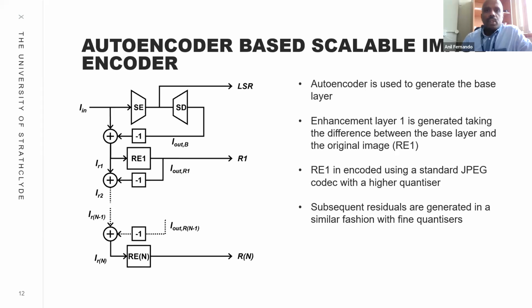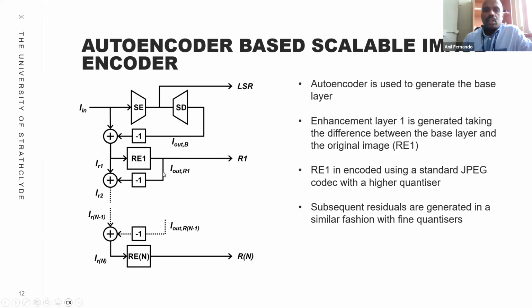What we are doing here is using an autoencoder to generate the base layer. So we have this autoencoder encoder and decoder to generate the base layer. Once we generate the base layer, we take the difference between the original signal and the base layer to generate the next level signal. Then we have a residual encoder one, which encodes the residual using a higher quantizer to generate the first layer of the enhancement signal.